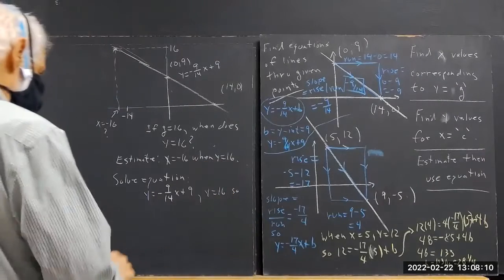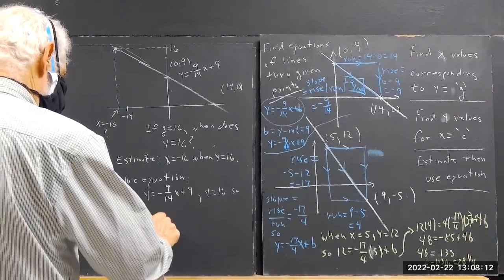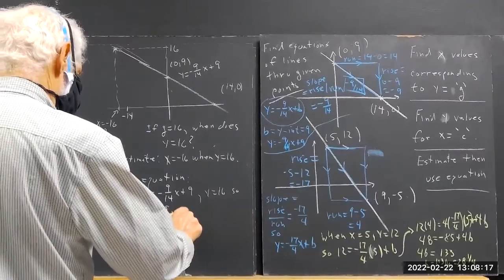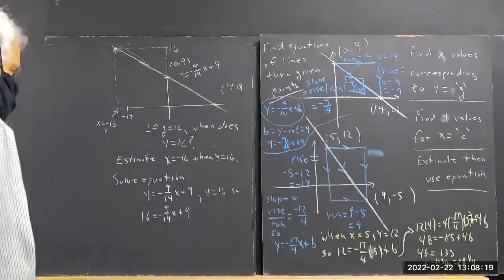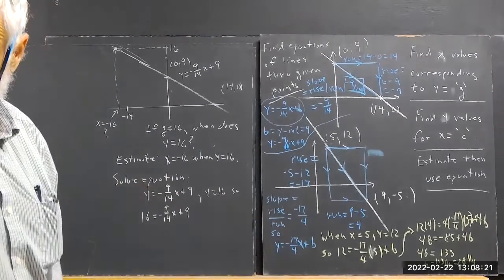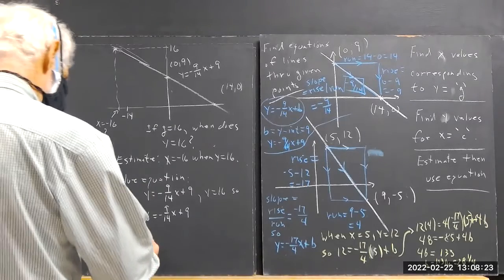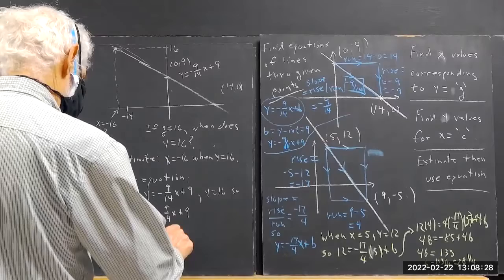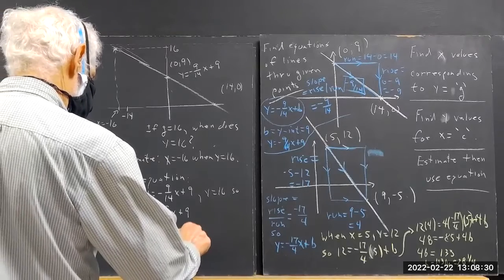And y is supposed to be 16, so we get the equation 16 equals negative 9/14 x plus 9. Well, we multiply both sides by 14. We get 14 times 16 equals negative 9x plus 14 times 9.